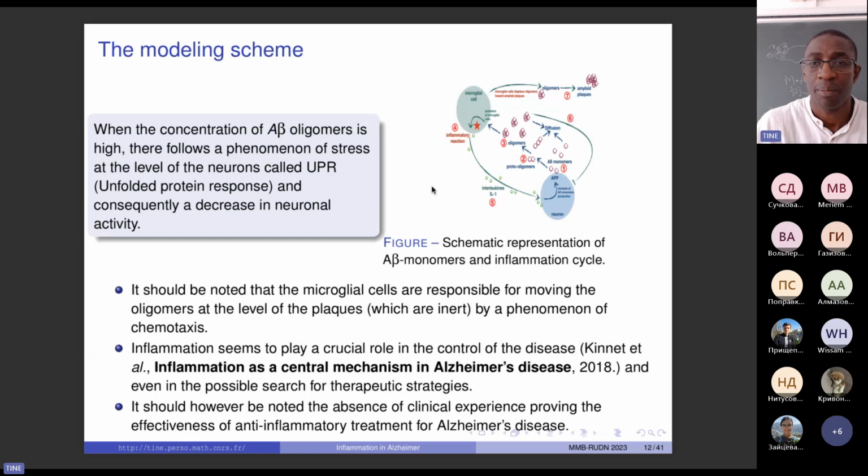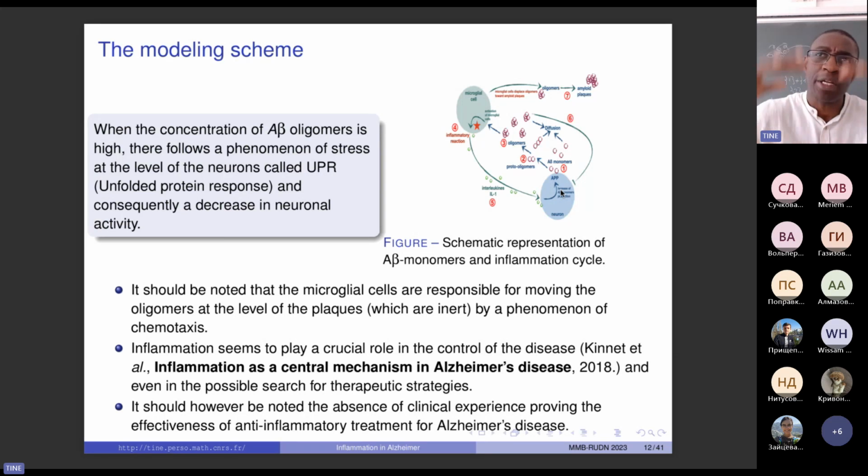This is due to the fact that oligomers send cytotoxic signals to the neuron, which decreases the activity of the neuron, because the neuron receives a lot of cytotoxic signals. This decrease of activity is not good, because at a certain time all the neurons synchronize and decide to stop their production, their activity. That is called UPR.